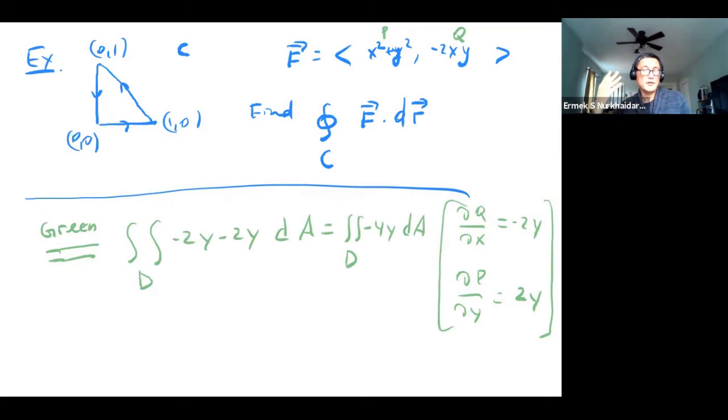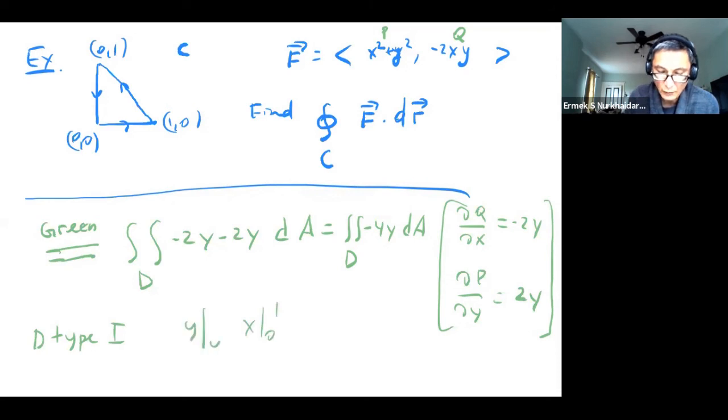Now for that simple integral, D is type 1. I will treat it as type 1, that's my default. Y is between 0 on the bottom, and on top it's going to be the line, so y will go from here to here. The line has slope negative 1 and y-intercept 1, so y equals negative x plus 1.